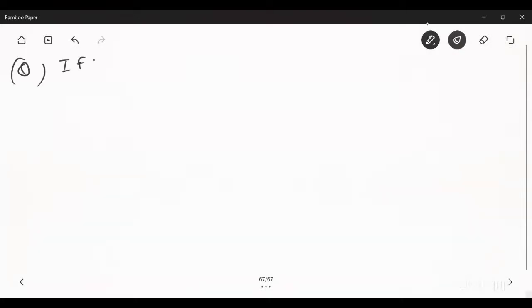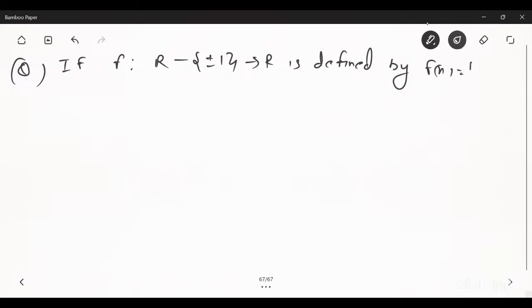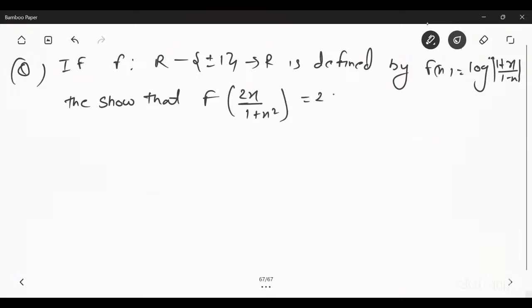If f is from R minus plus minus 1 to R is defined by f of x is equal to log mod of 1 plus x upon 1 minus x, then show that f of 2x upon 1 plus x square is equal to 2 times f of x.